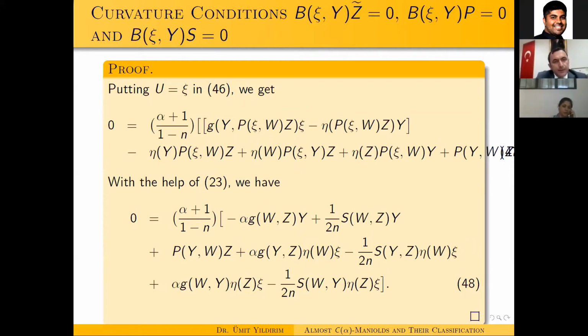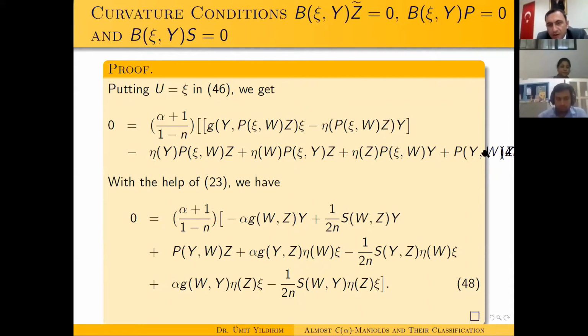Putting u equal to xi in this equation, we get this equation. This is p(y, w, z). With the help of this equation, we have this equation.